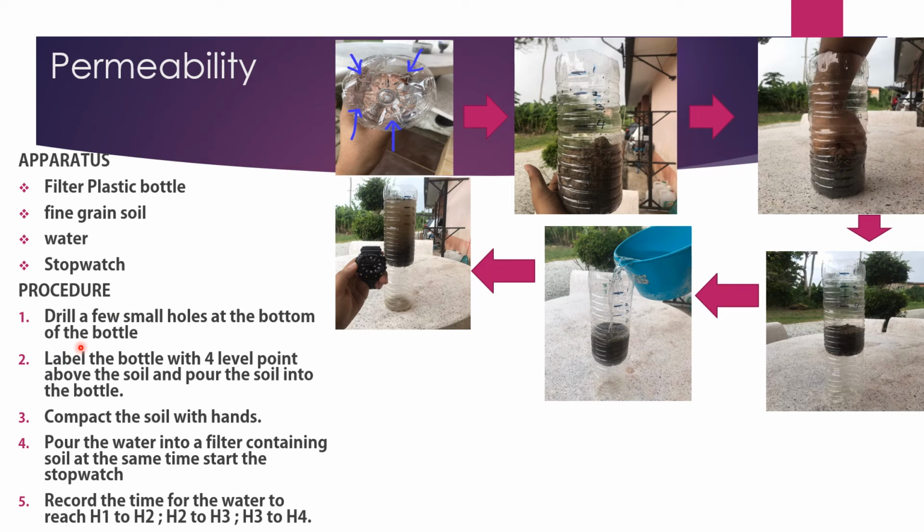The first step is to drill a few small holes at the bottom of the bottle. Then label the bottle with 4 level points above the soil, pour the soil into the bottle, and then compact the soil.